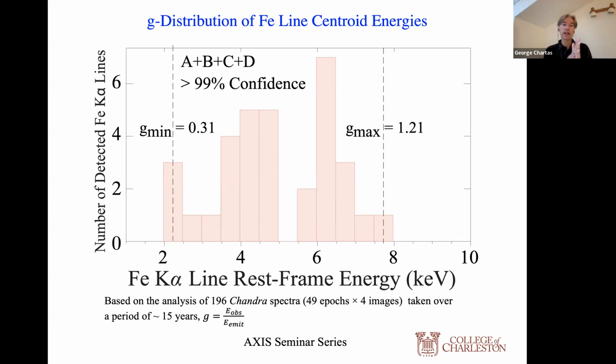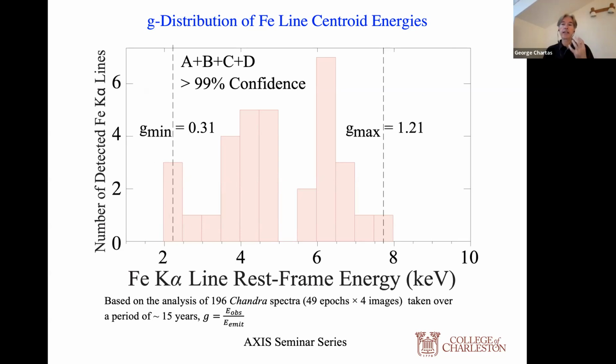And you notice it's like a barrier there, that there's nothing below that. So what we think is happening is that over these 15 years, we've accumulated a lot of data with different shifts. And at the point where the caustic is the closest it can be, close to the ISCO, this is represented by this boundary here at about 2 keV.